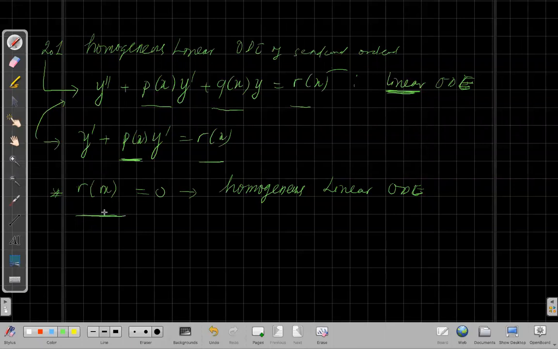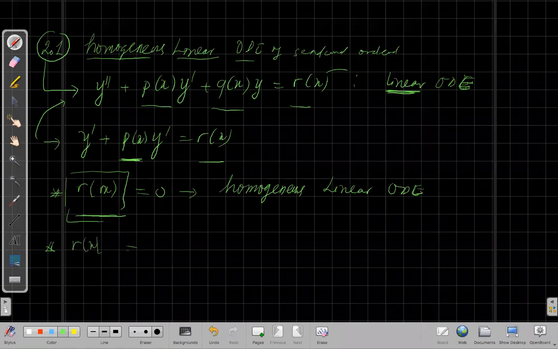So in the first section of the chapter, we will discuss the homogeneous linear ODE for the case of r equal to 0. Otherwise, if r(x) is not 0, we have the non-homogeneous ODE.